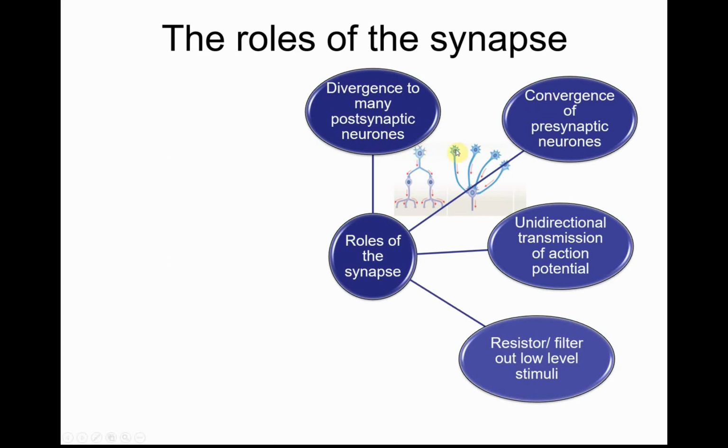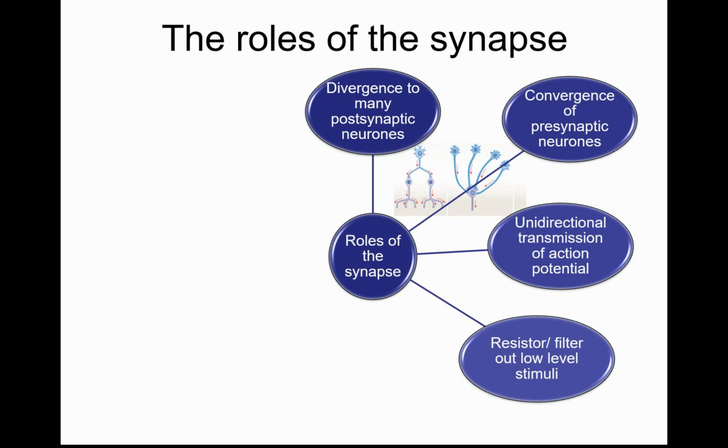So if you only got, say, a very low frequency of action potentials, or a very low-level stimulus, something triggering this one to just send a couple of action potentials down a second, not very many, you're not going to get very much neurotransmitter released, and that excitatory postsynaptic potential won't reach threshold, because remember, that postsynaptic membrane has still got all the other features for generating resting potential, so it will just restore the depolarization back to resting potential if it doesn't depolarize quickly enough to threshold. So it can filter out low-level stimuli.